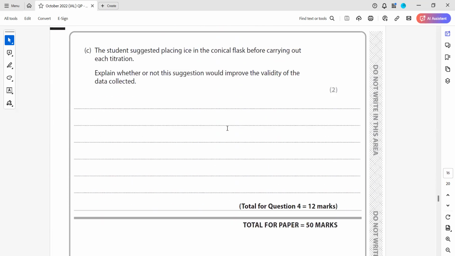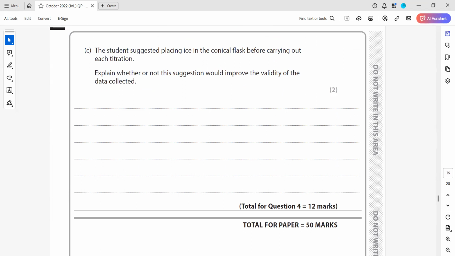Then the student suggested placing ice in the conical flask before carrying out each titration. Explain whether or not this suggestion would improve the validity of the data collected. Look, what actually happened?